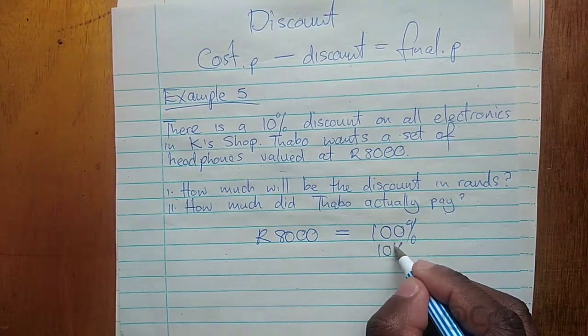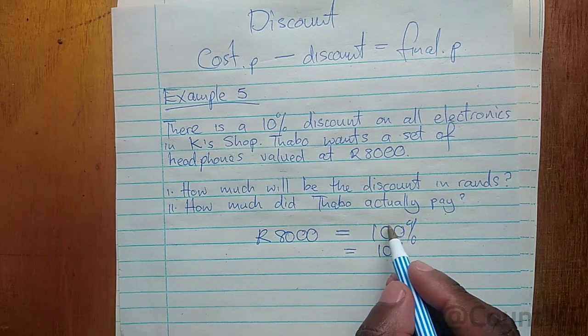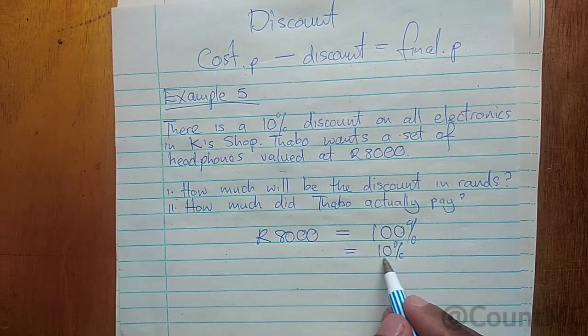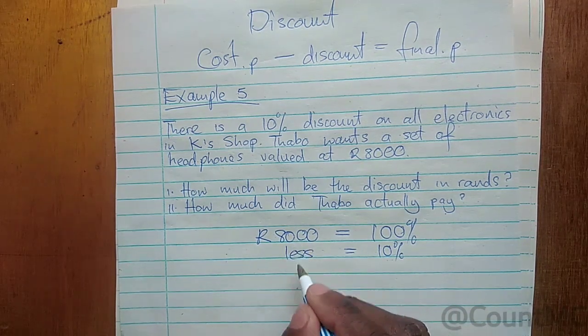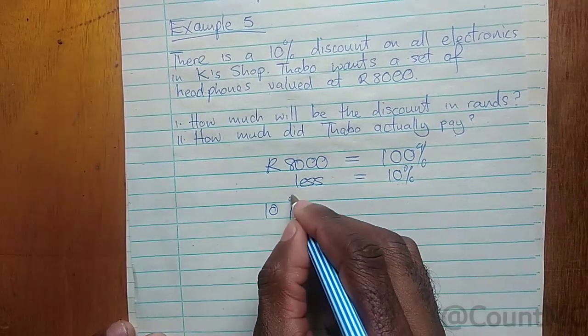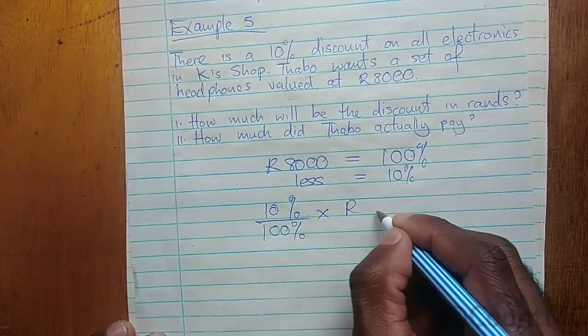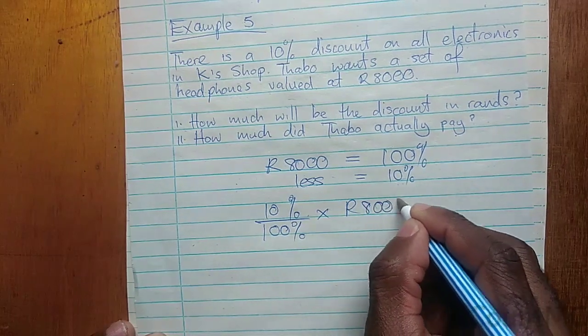Now we have a 10% discount. What's 10% of this? If you compare this 100% and 10%, 10% should be less than 8,000 rands. So we say 10% over 100% times 8,000 rands.